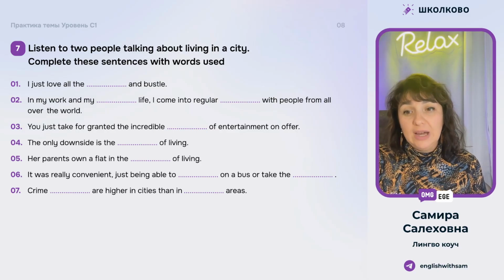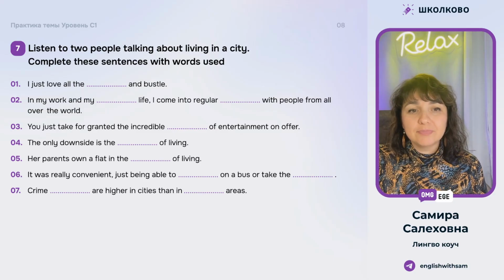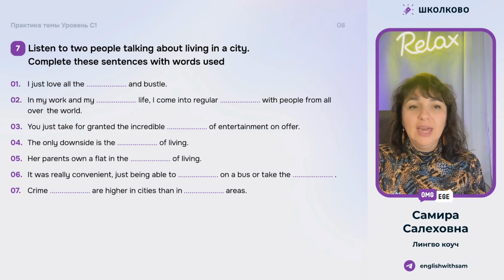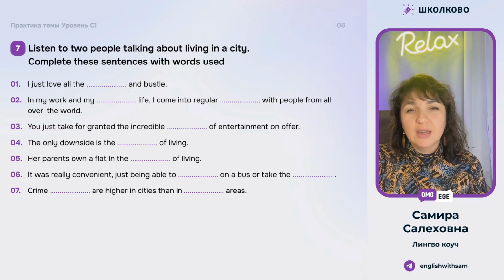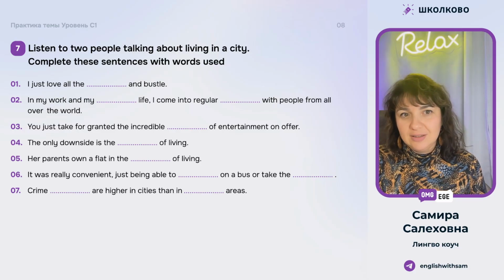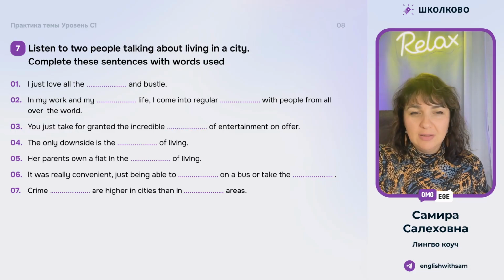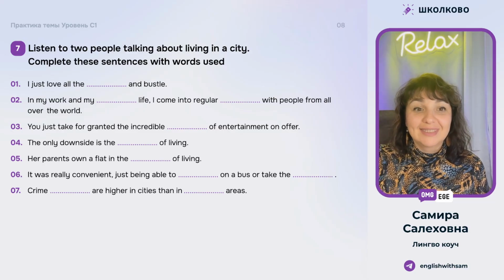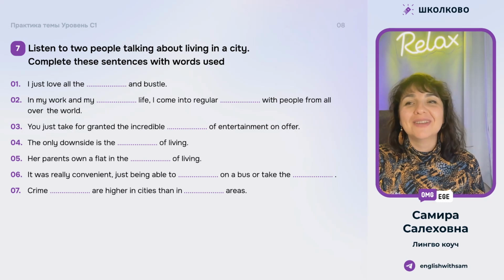We can listen twice if we need to, okay? And let's just check after that, okay? So I will ask you not to write anything in our chat, right? During the listening, please write it somewhere, I don't know where, maybe on your phone.